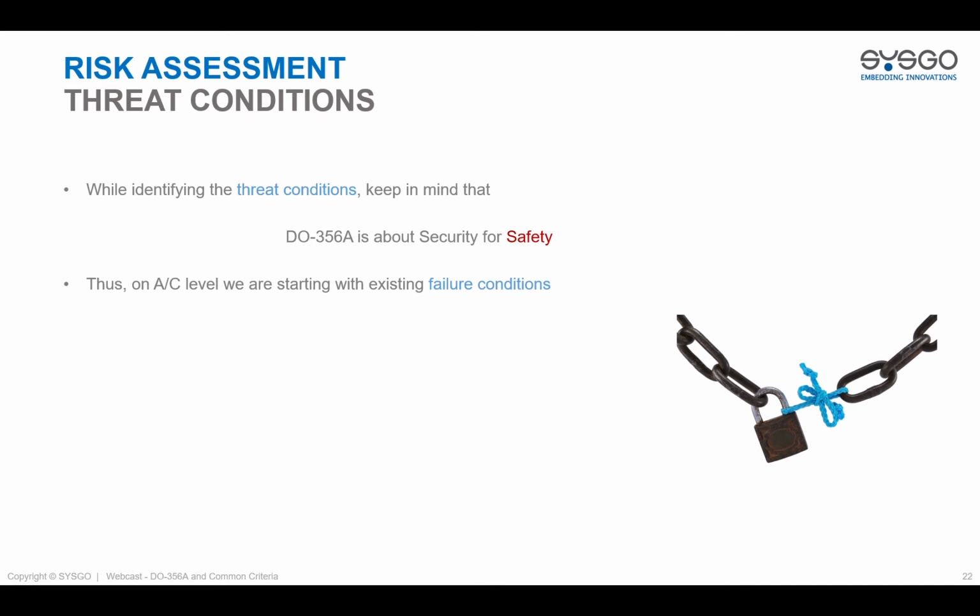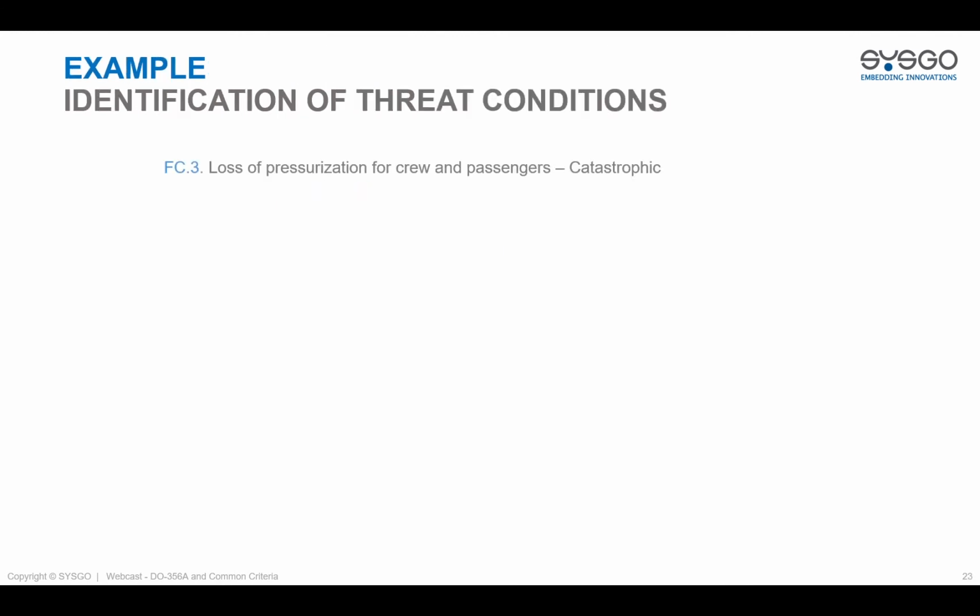So we start with existing failure conditions. We will soon come to an example and derive the threat conditions from those which have the same effect. So, for example, a failure condition which comes from the safety world would be the loss of the pressure for crew and passenger, which of course is a catastrophic event because people may die.